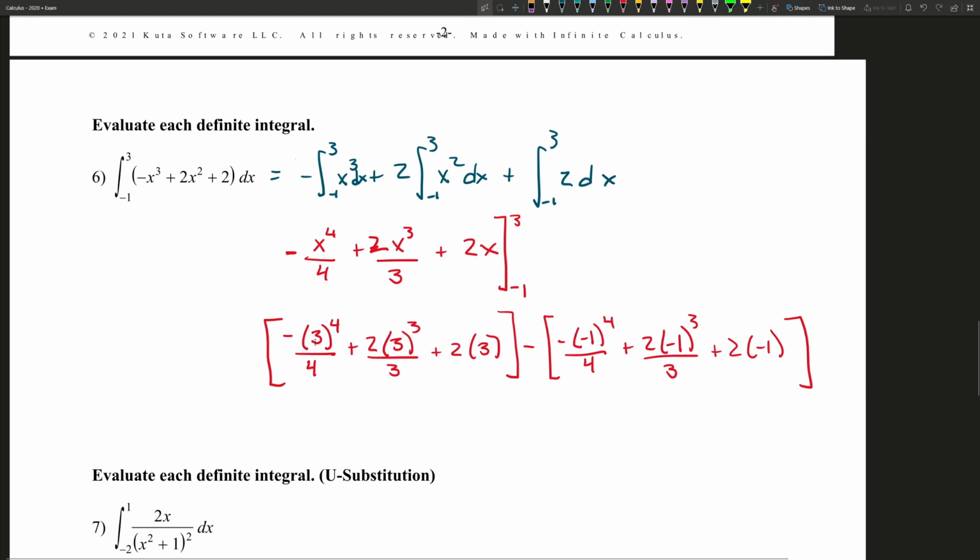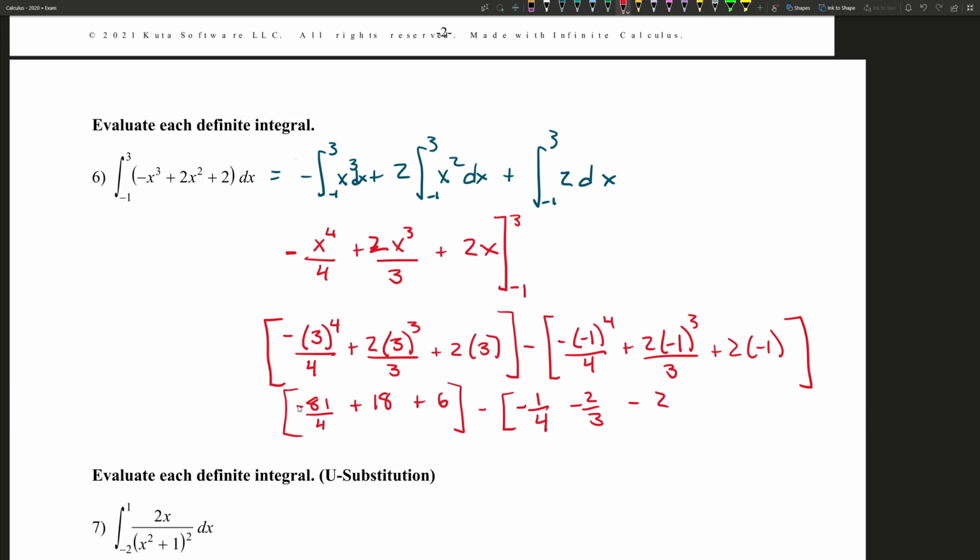let's see, negative 3 to the 4th, that's 81. So that's negative 81 over 4. This is 2 times 3 squared, so this is 18 plus 6. And then minus 1/4 minus 2/3 minus 2.